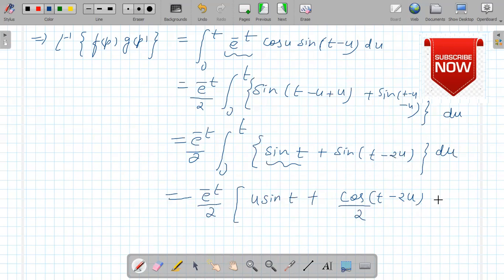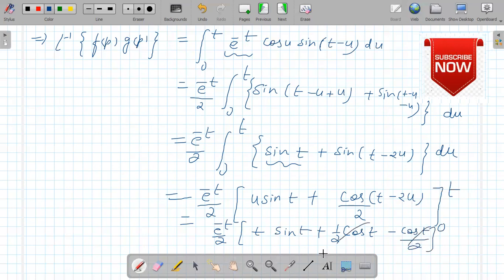So this is with limits 0 to t. When you apply the limit here, this is t sine t plus half cos (t minus 2t), which is cos t, and then when you put 0, it is 0 for the first term, and this is cos t by 2.